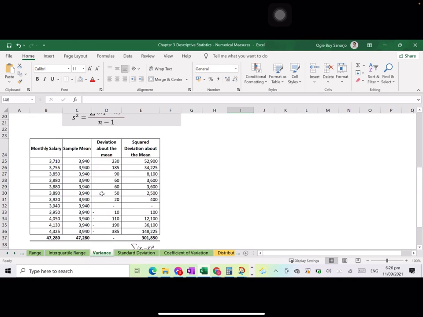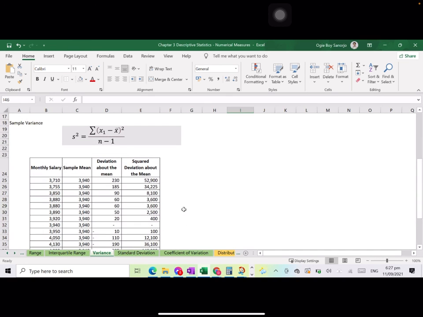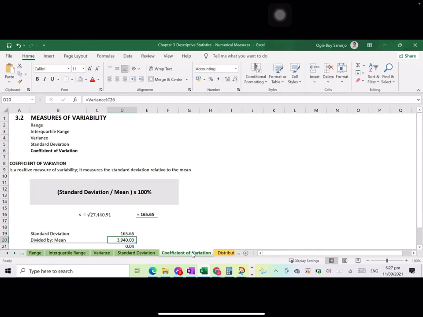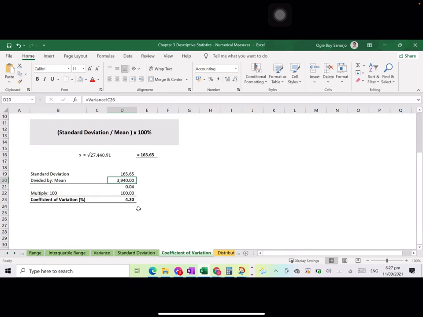So that is our variance. From variance, if i-square root mo yung variance natin, ang labas nun is standard deviation. However, kapag yung standard deviation natin, dinivide natin sa ating mean, minultiply natin by 100, makukuha natin yung coefficient of variation. So, ganun lang naman siya kadali.